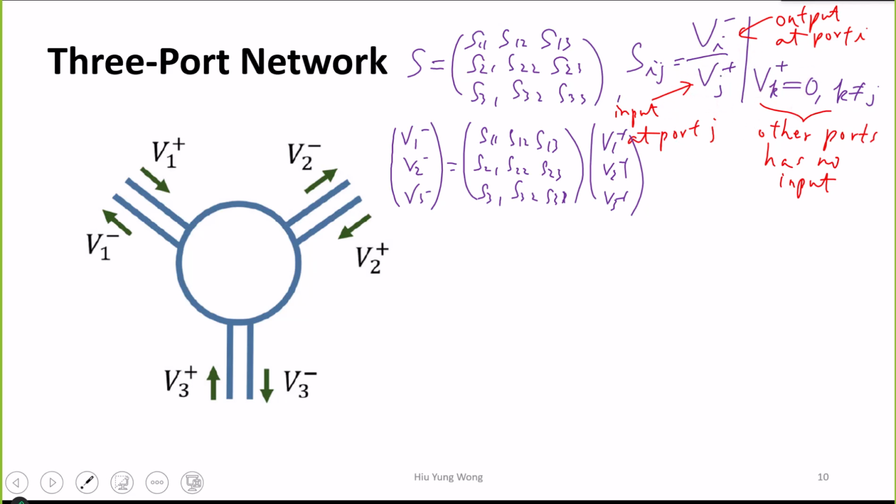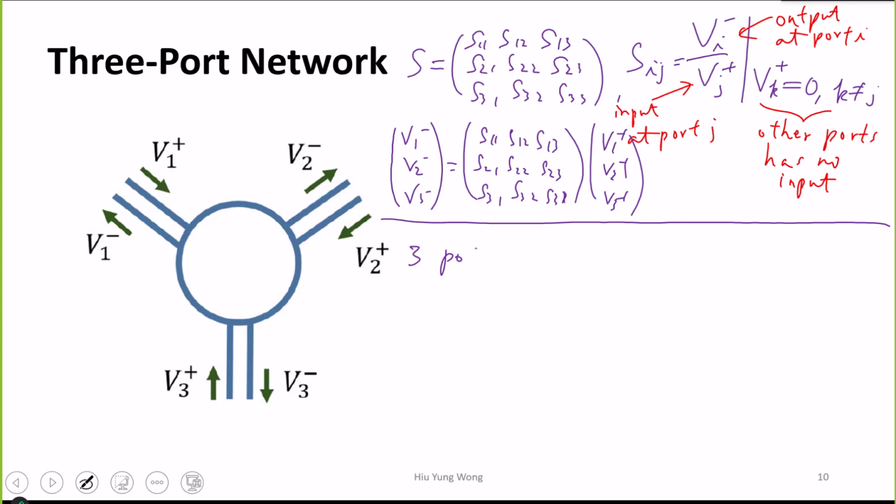Okay, so this is a three-port network, nothing special. It's just purely math. And you have learned two-port networks when you were doing the scattering matrix. So there are three possible properties that we want to mention here, right?